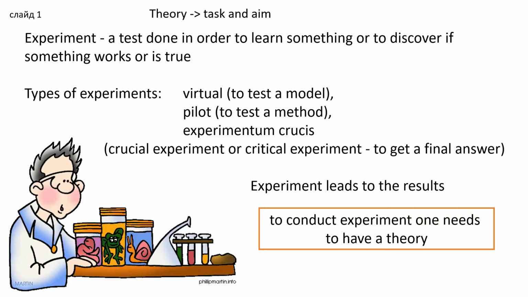You have many types of experiments, and we can distinguish three types of those. Virtual is when you just imagine a model and you think whether your theory or your question have an answer in common. Is it possible to get this answer? Then you have to imagine all the details of your experiment, because if you do not have the plan how to conduct it, then it will be spoiled with 90% probability.